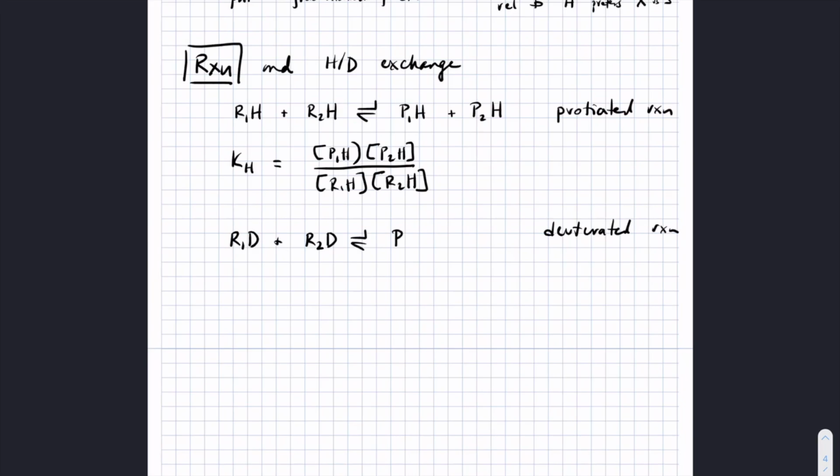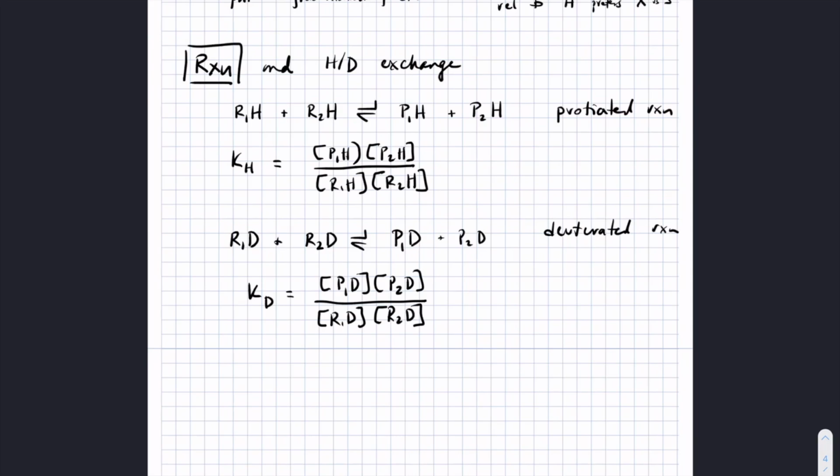We get product 1 with deuterium and product 2 with deuterium. And we could measure the equilibrium constant in deuterium, which would be exactly analogous to what we drew above for the protiated reaction, only now we've got deuterium.